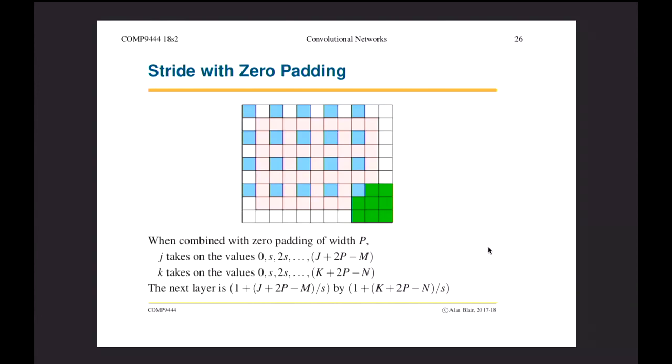A paper came out a few months ago claiming that a one-dimensional convolutional network might do a better job at time series processing than certain other methods. So that's another example, a one-dimensional example.